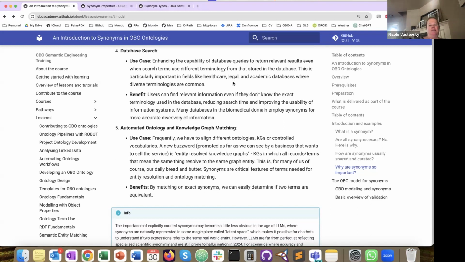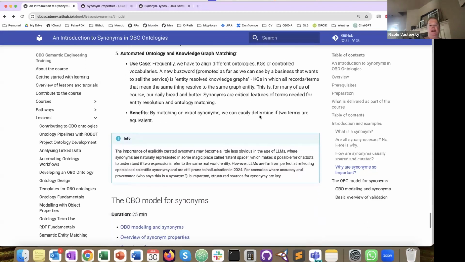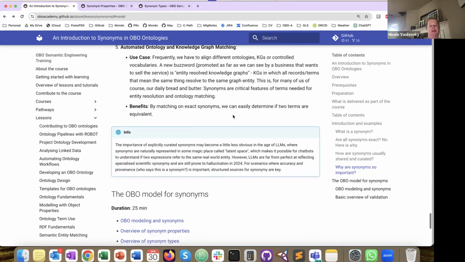So this helps users find the terms that they're looking for, even if they don't know the exact terminology. And also for automated ontology and knowledge graph matching, especially in Mondo or other ontologies, we align different terminologies, knowledge graphs, or controlled vocabularies, and having synonyms available helps with this alignment and helps us determine if two different terms are equivalent.